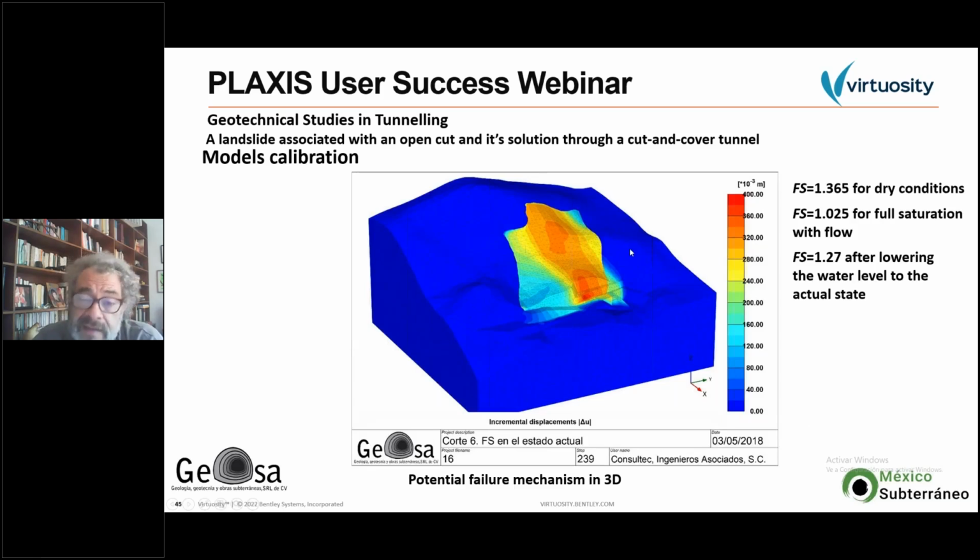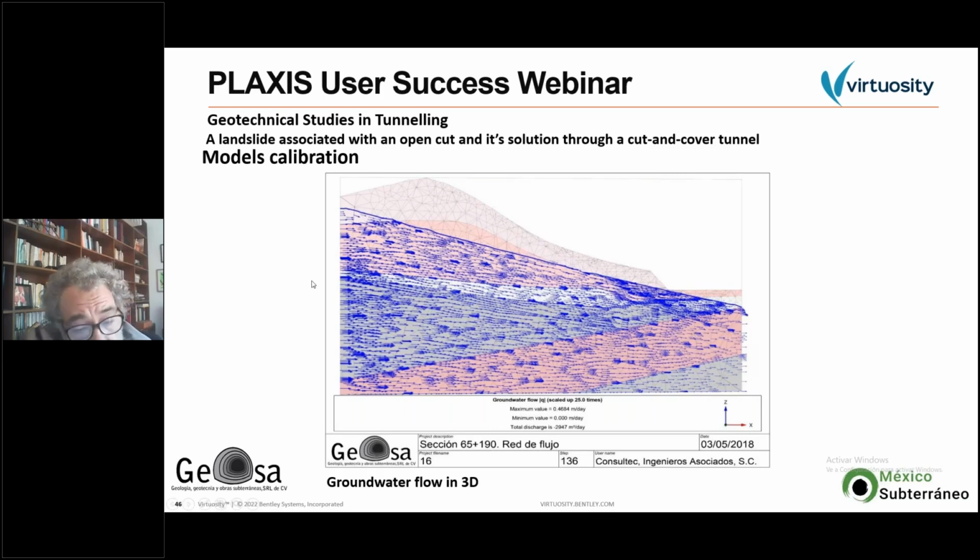And we started running the 3-dimensional model in order to get the same failure mechanism delimited by the structures we detected, and this is just an example of a potential failure mechanism in 3 dimensions. It corresponds to the actual situation we had at that time, and these are the flow vectors in the 3-dimensional model.